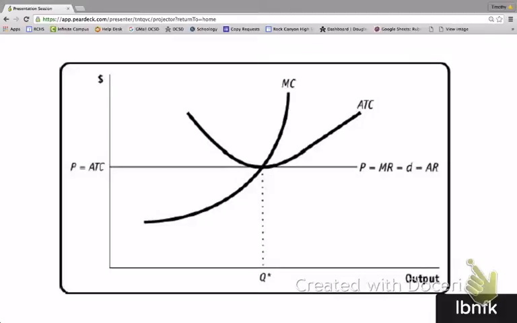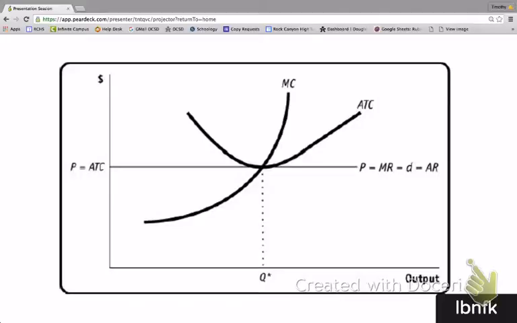Average total cost is not above or below the price. This can only happen at the minimum of the average total cost curve. So when price equals average total cost, the rectangle of profit or loss does not exist. This price is called the break-even price, and the minimum of the average total cost curve is called the break-even point.